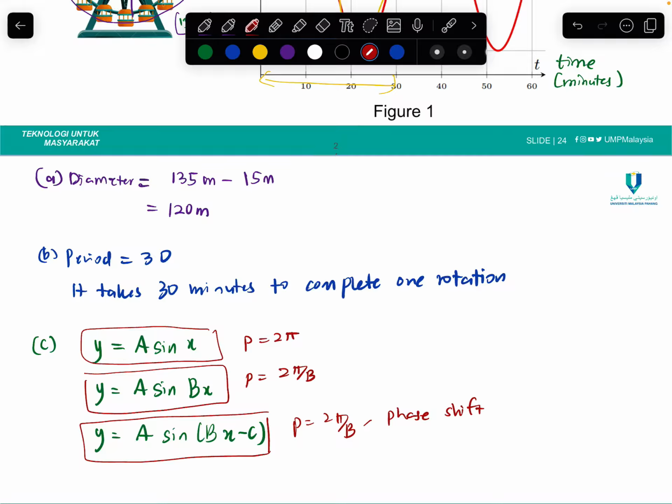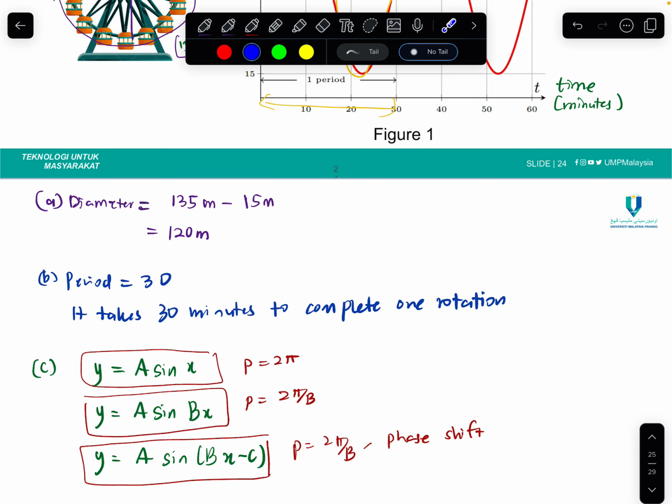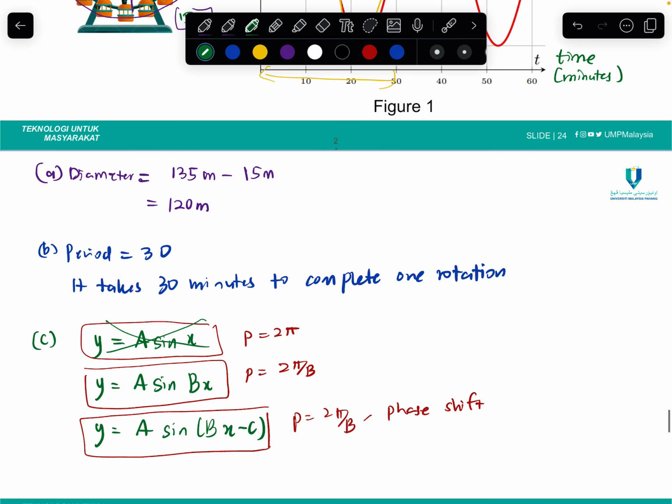We want to consider which case we want to use. Look at the first case. Is the period equal to 2 pi? No, our period is 30. So we delete this option; we cannot use this format. And how about the third format here? Do we have a phase shift?